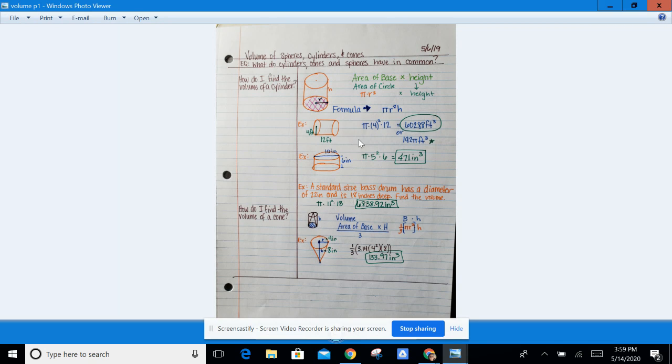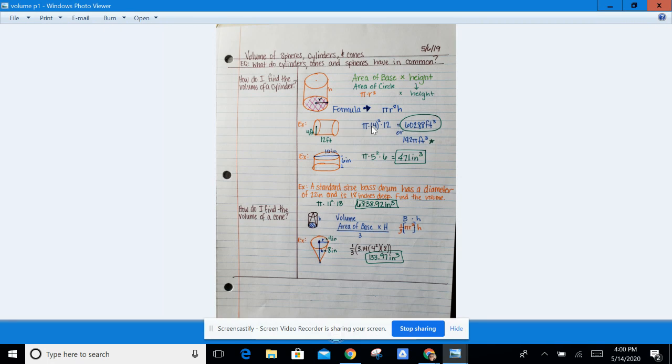Okay, so once I input this information, we're not going to use the pi button on our calculator unless it tells us to. We're going to use the value 3.14.